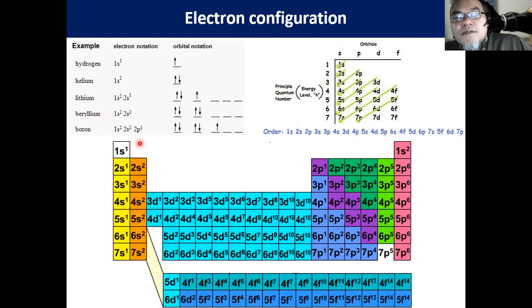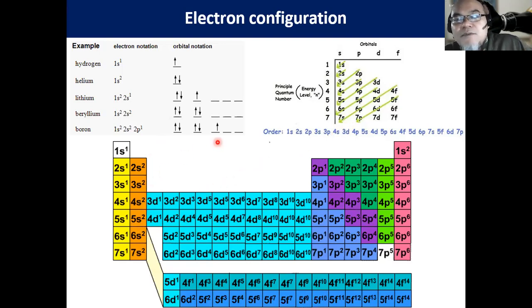Then the second column will be filled with two electrons of the first subshell; if it were in the second row, it will be filled in the second shell, etc. So this is beryllium, magnesium, calcium, strontium, and then barium, and then radium, if I'm not mistaken.